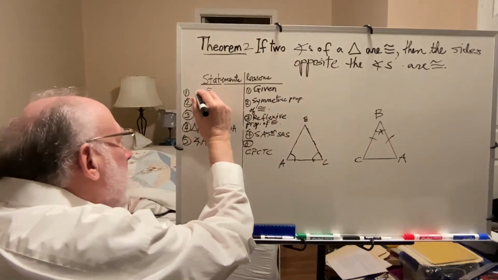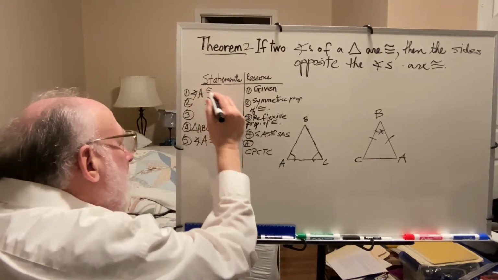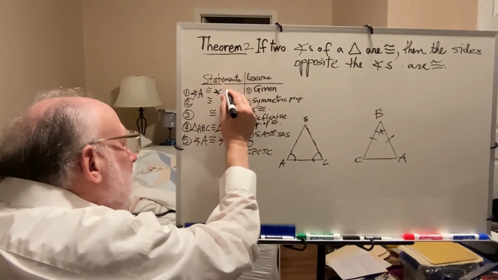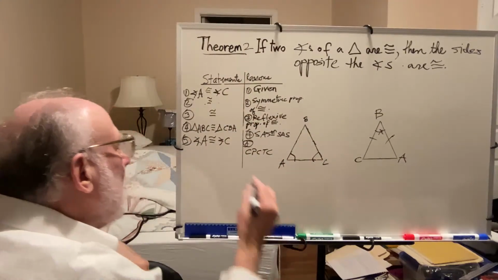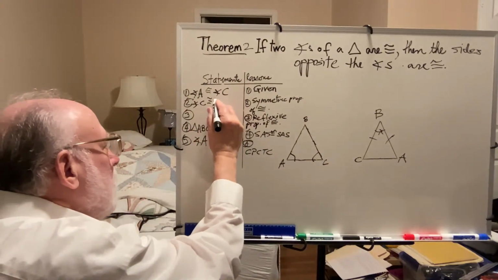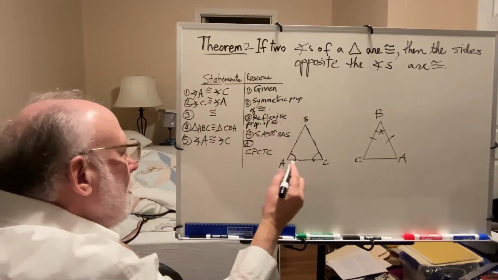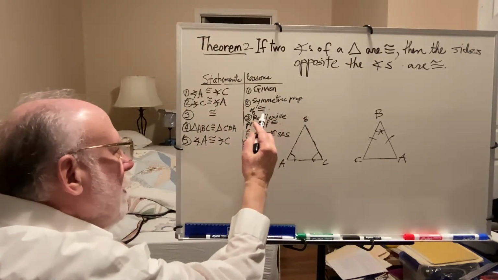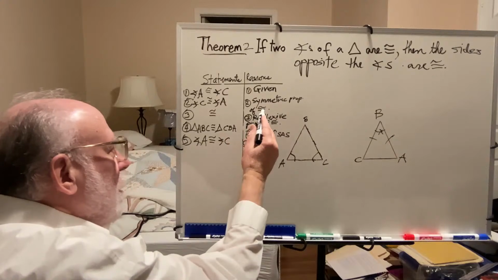So angle A would be congruent to angle C. But angle C is also congruent to angle A. That's by the symmetric property of congruence.